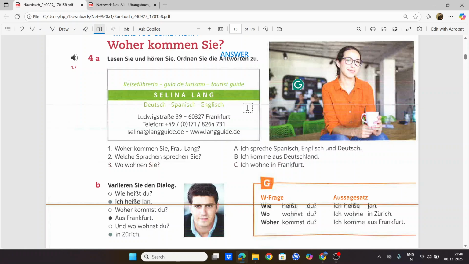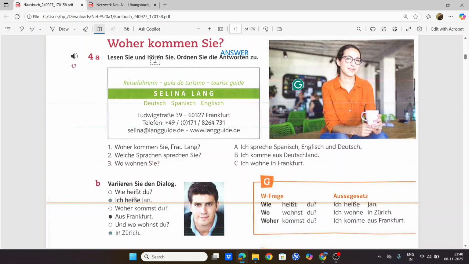Lesen Sie und hören Sie. Ordnen Sie zu, antworten Sie. Lesen means read. Antworten means answer. Hören means hear, listen to audio. I don't have this key on the keyboard, so I'm just writing it.